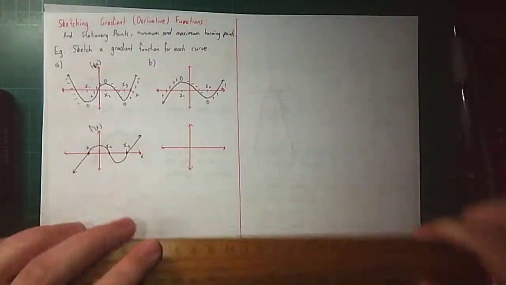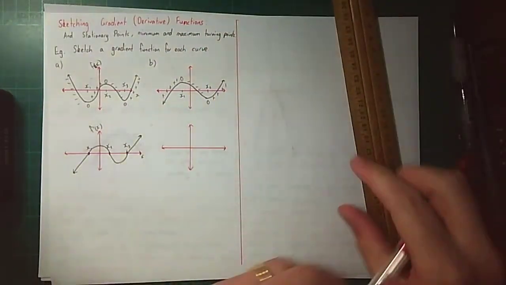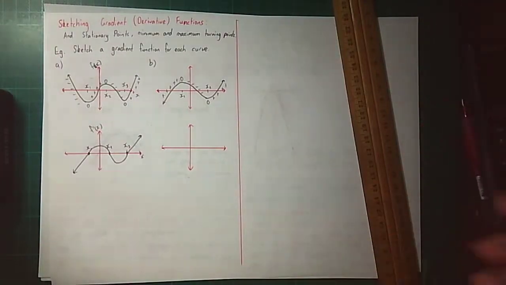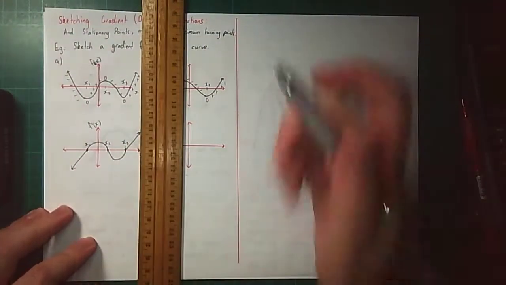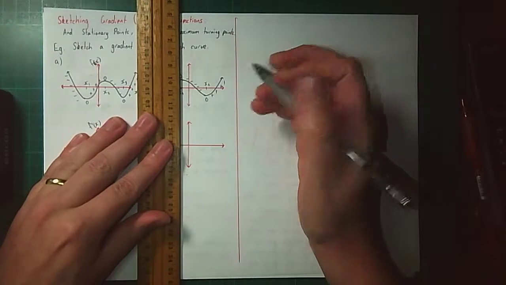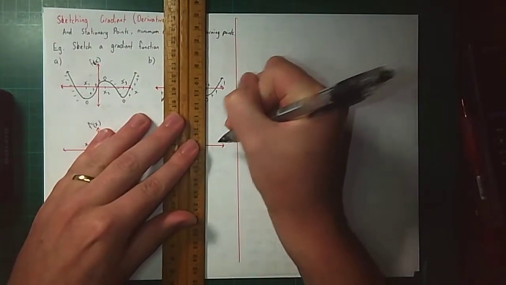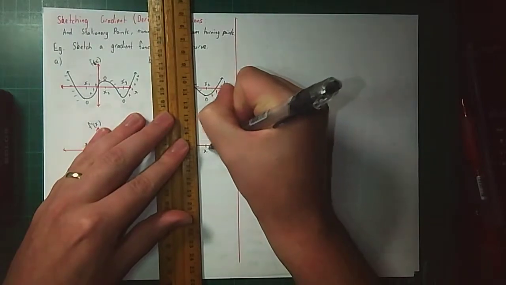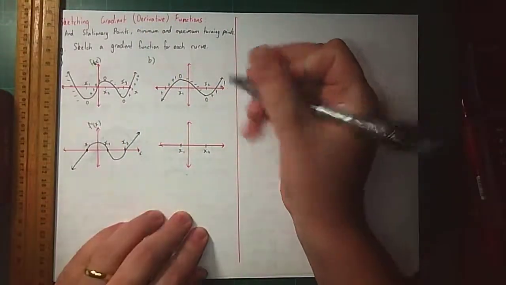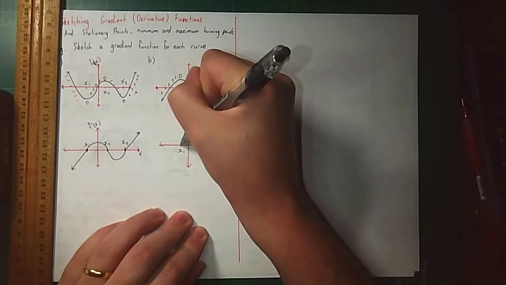And anywhere where we labeled our x's, we'll do the same thing on our x-axis. So here we're going to have x1, and here is our x2. Now remember, we label those points.